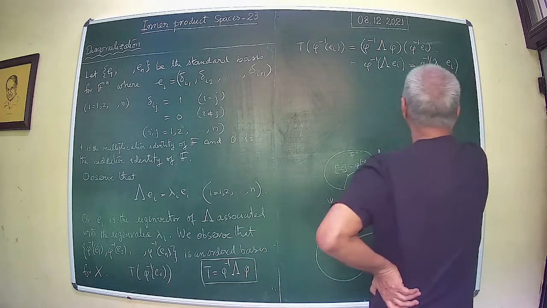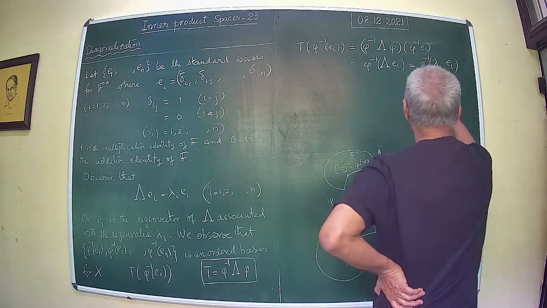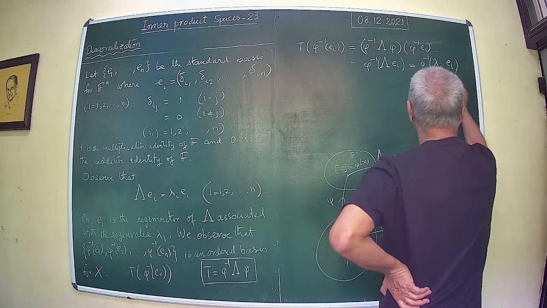This is equal to lambda i phi inverse of Ei.